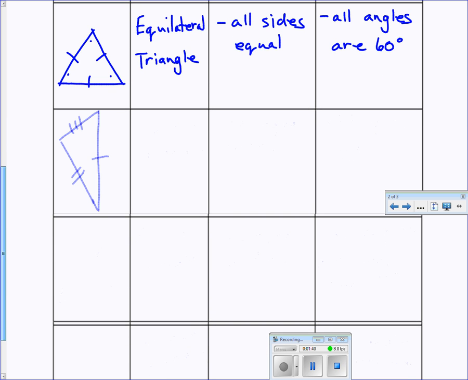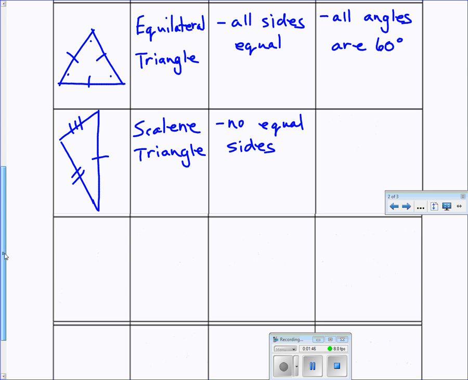The next type of triangle that we're looking at is called a scalene triangle. A scalene triangle means that none of the sides are equal, and all of the angles that we have here, this one, this one, and this one, all add up to 180 degrees. So if I know two of the angles, I can find the other one.